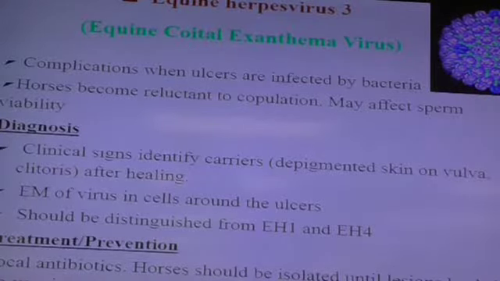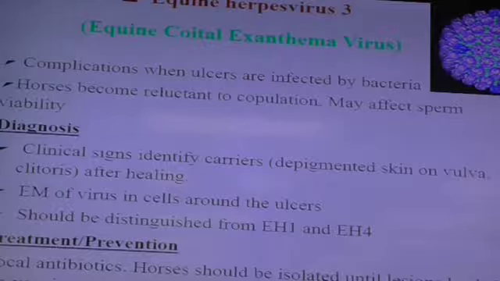What happens to the males is that the viability of their sperm becomes significantly reduced. The reason for this is the presence of ulcers on the penis. Once they bleed, at the time of ejaculation the blood mixes with the sperm, reducing their viability.